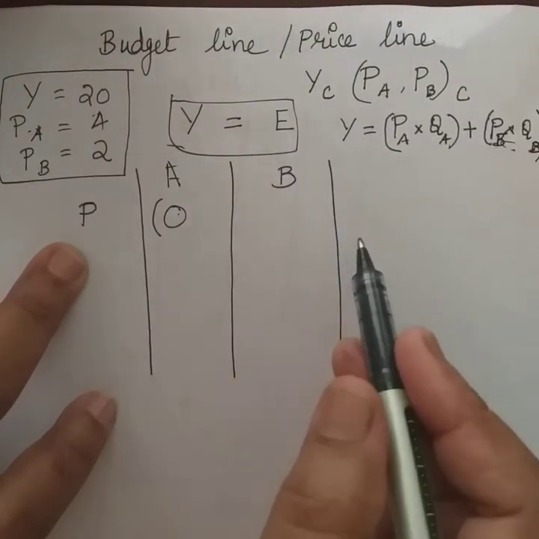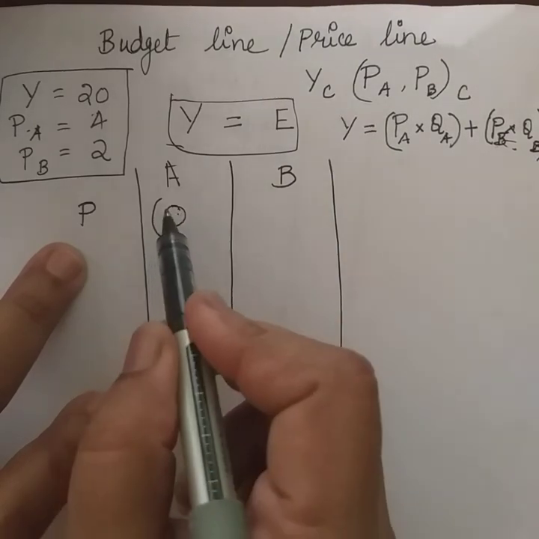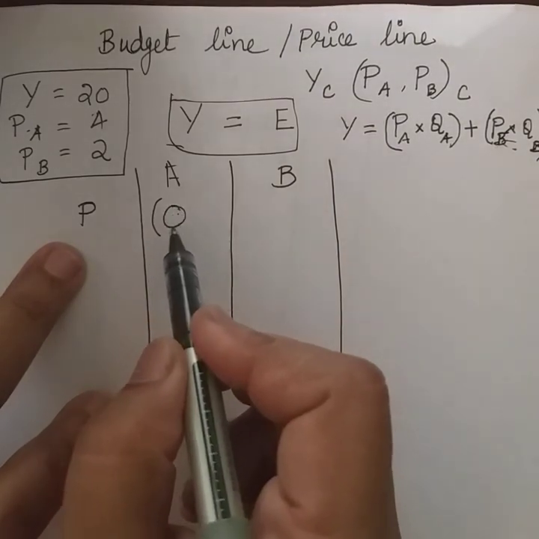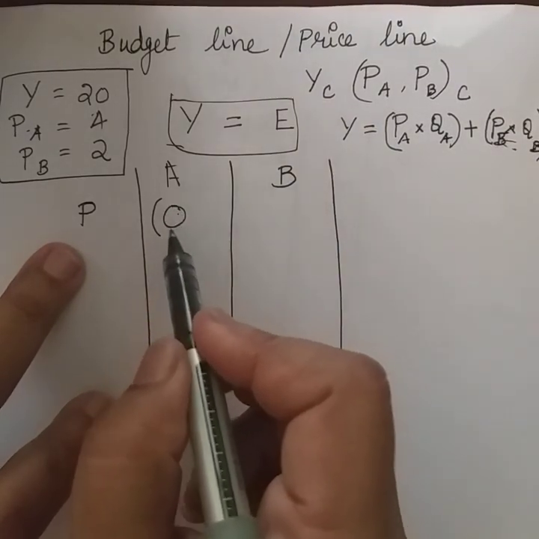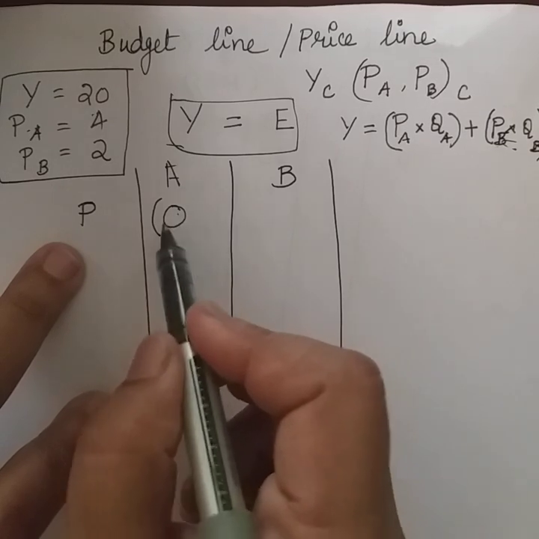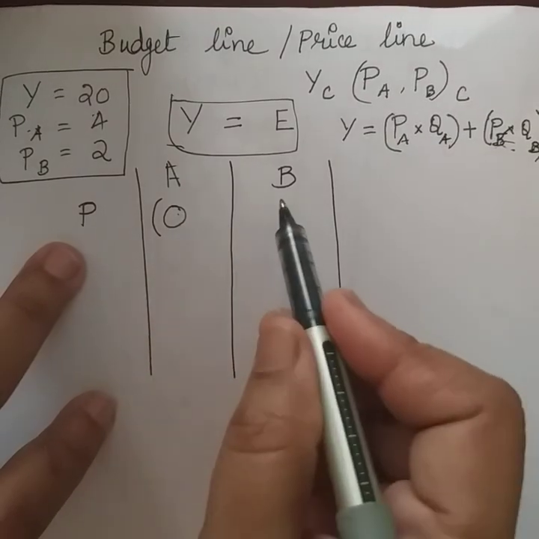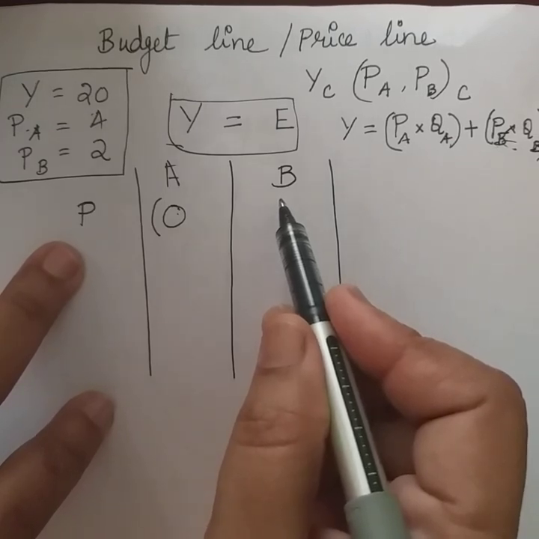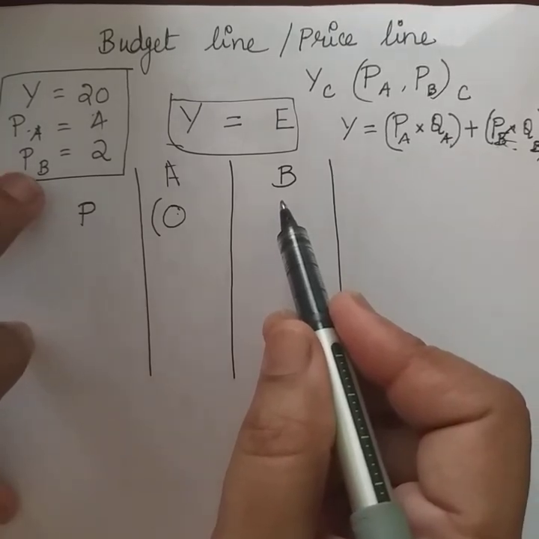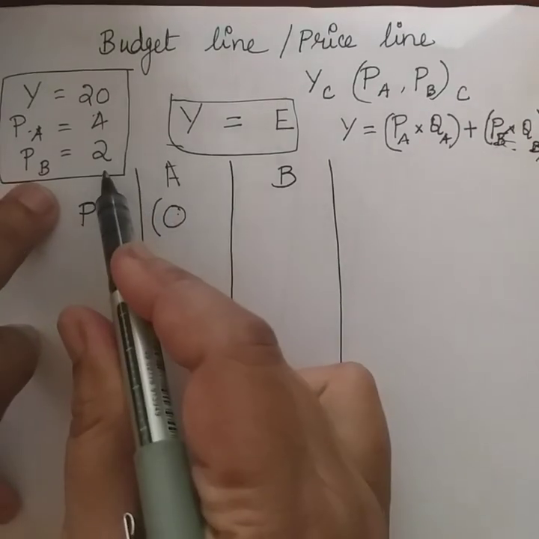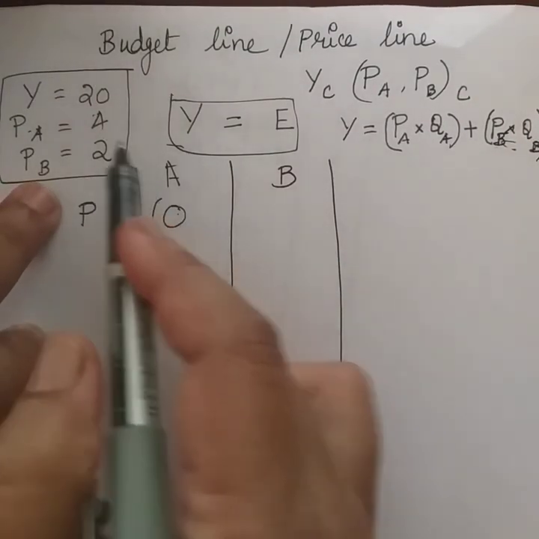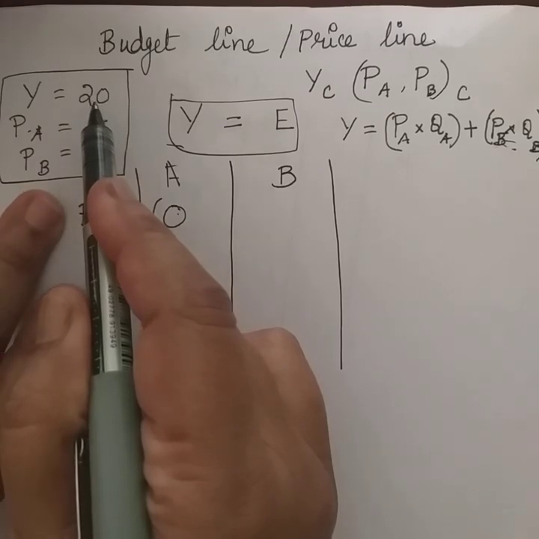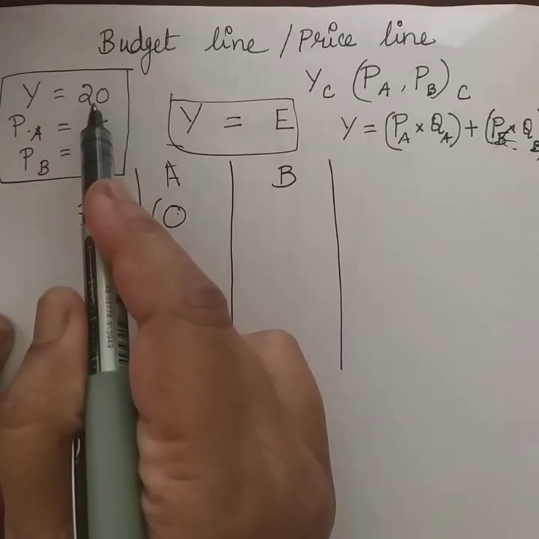Fine. So let us assume nothing of A is going to be consumed. The entire income is going to be spent on the purchase of the product B. So the price of product B is 2, right? And the absolute income of the consumer is 20.